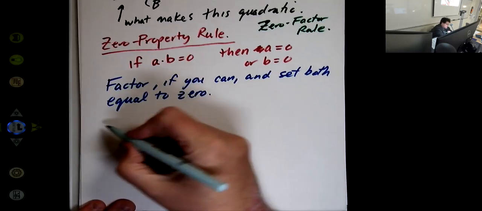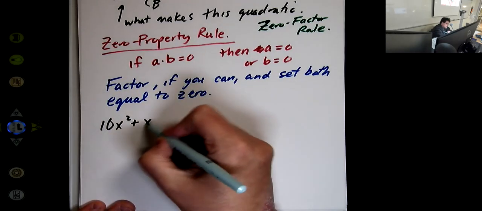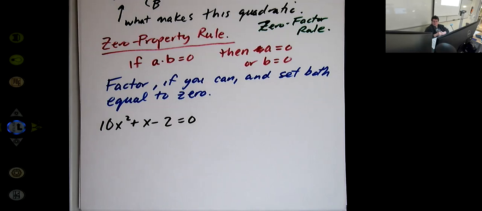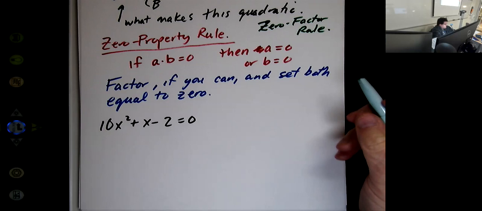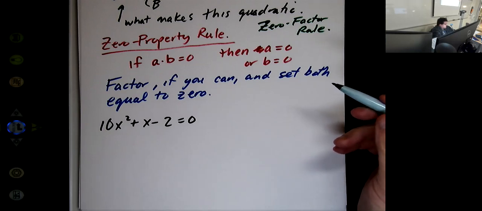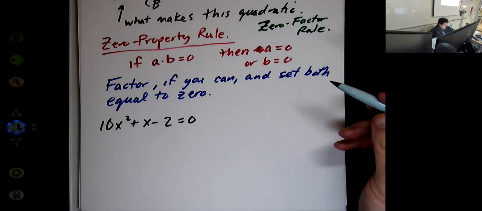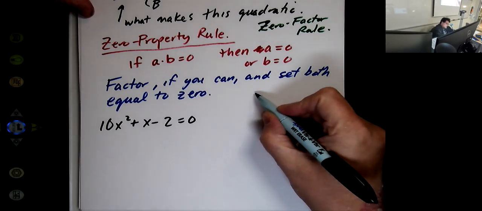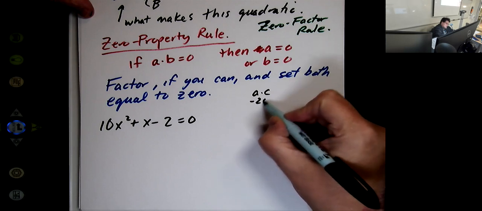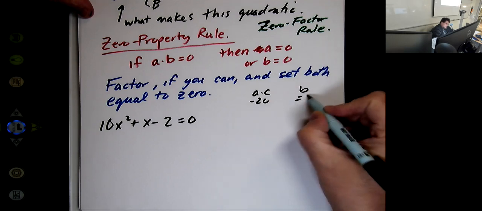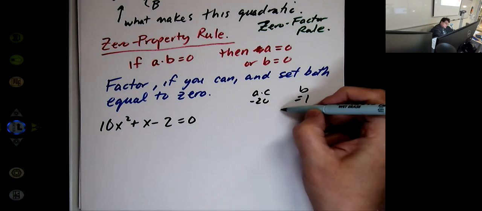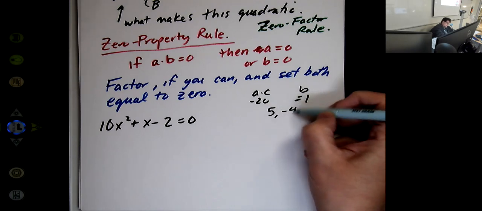Let's do 10x squared plus x minus 2 equals 0. We need factors that multiply to a times c, which is -20, that add up to b, which is 1, which is 5 and -4.